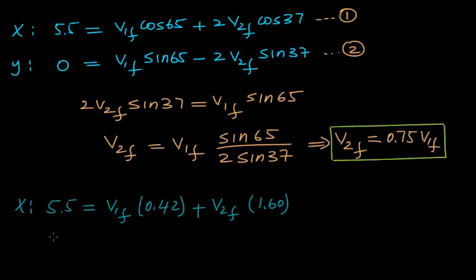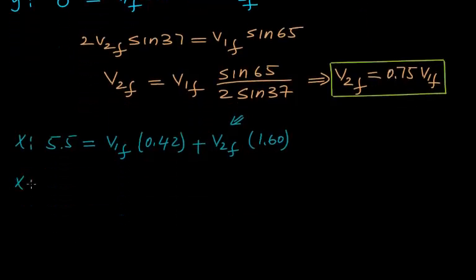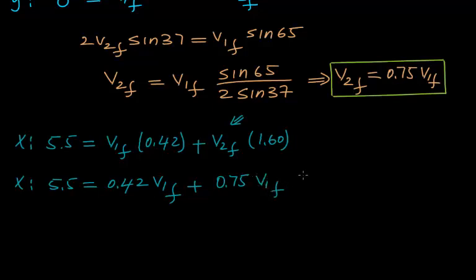Alright, now all I'm going to do is substitute the V2 final by 0.75 V1 final right here. So 5.5 equals, bring the 0.42 to the front, V1 final plus, instead of V2 final I'm going to put 0.75 V1 final times the 1.6. Alright, let's evaluate this one and solve for the V1 final.